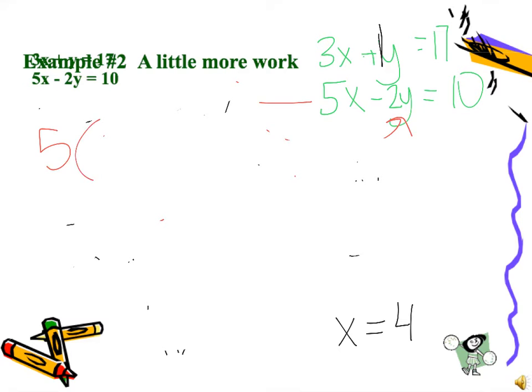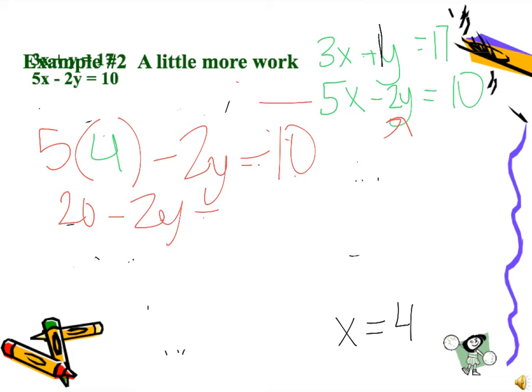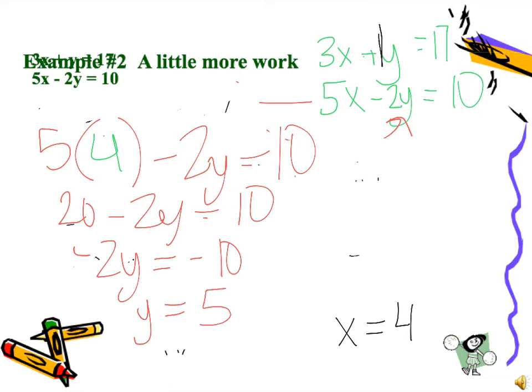So I get 5 times x, which we said was 4, minus 2y equals 10. 5 times 4 is 20, minus 2y equals 10, so negative 2y equals negative 10, and y equals 5. So now we have our ordered pair, (4, 5).